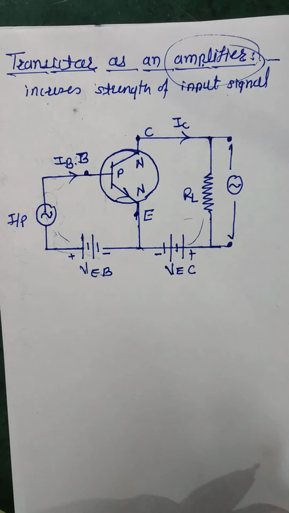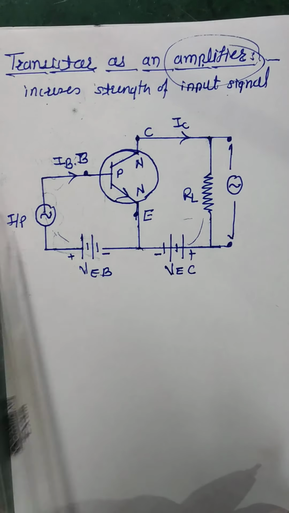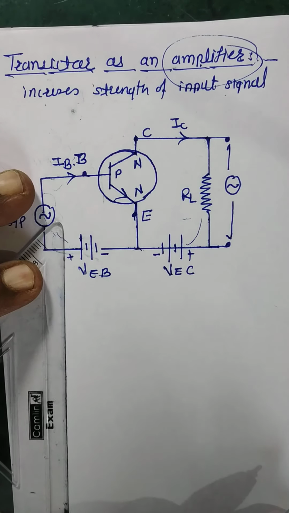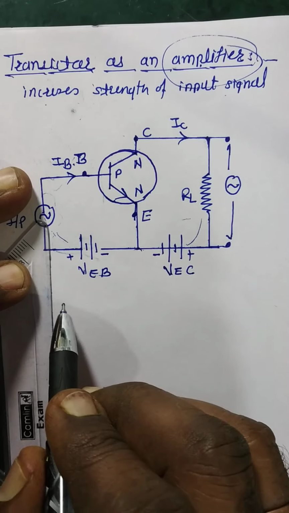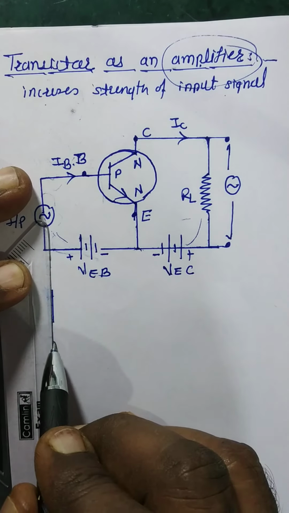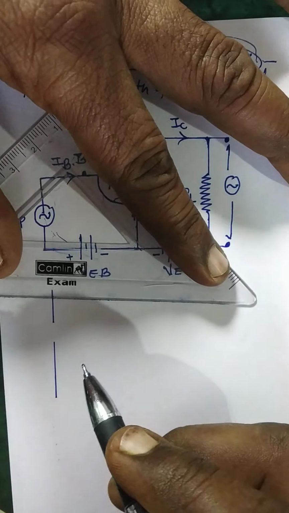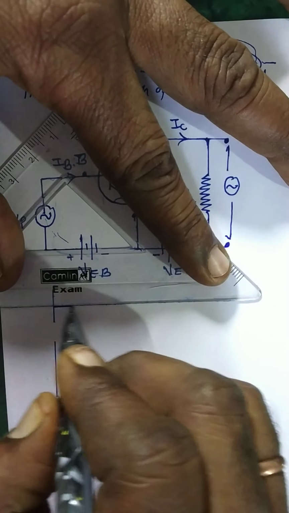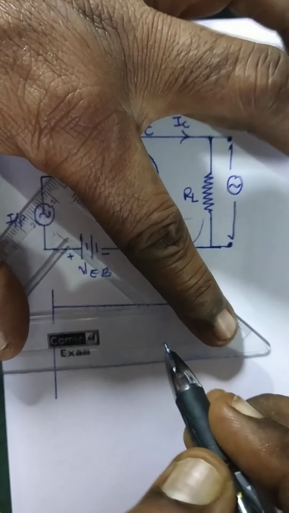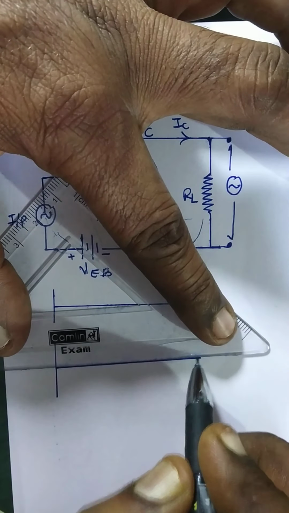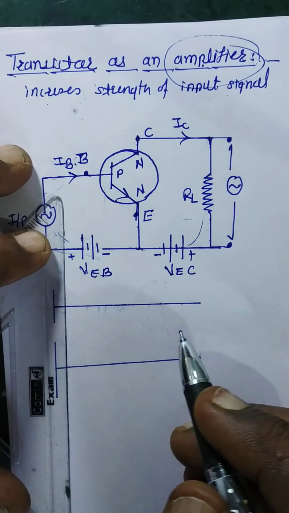Transistor as an amplifier. Suppose this one as input signal which is to be amplified.